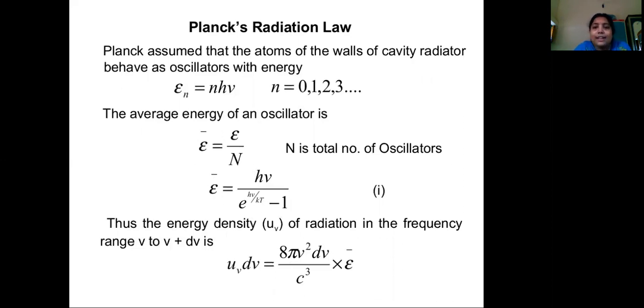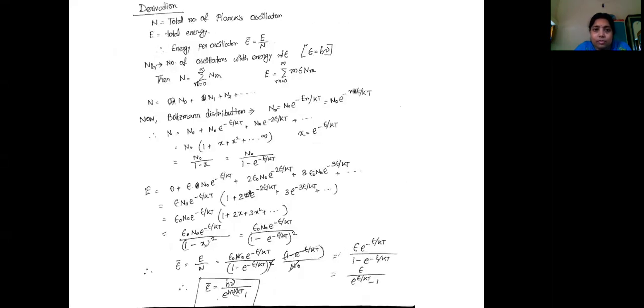Now how can we get the average energy of each oscillator? For that, let capital N be the total number of Planck's oscillators inside the black body, and capital E be the total energy. So energy per oscillator will obviously be epsilon bar equals capital E by capital N. Let n_m be the number of oscillators with energy m into epsilon, where epsilon is h nu.